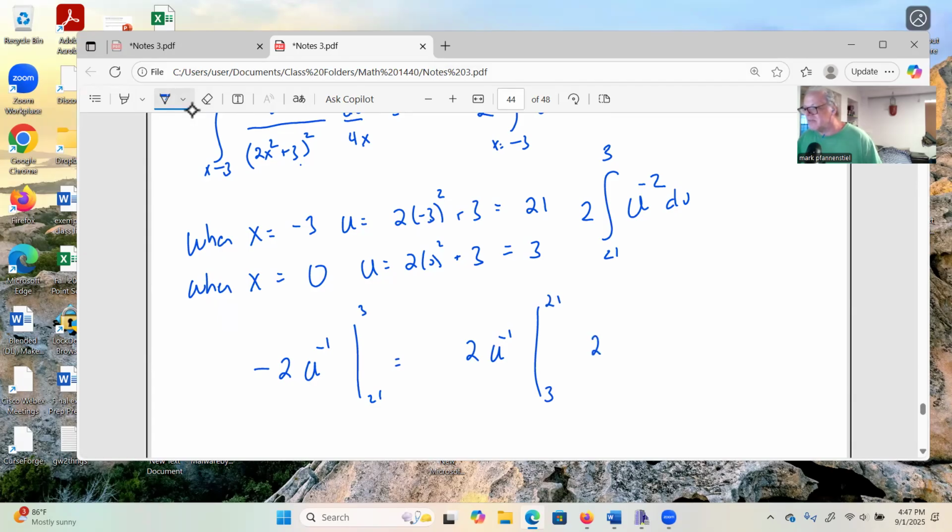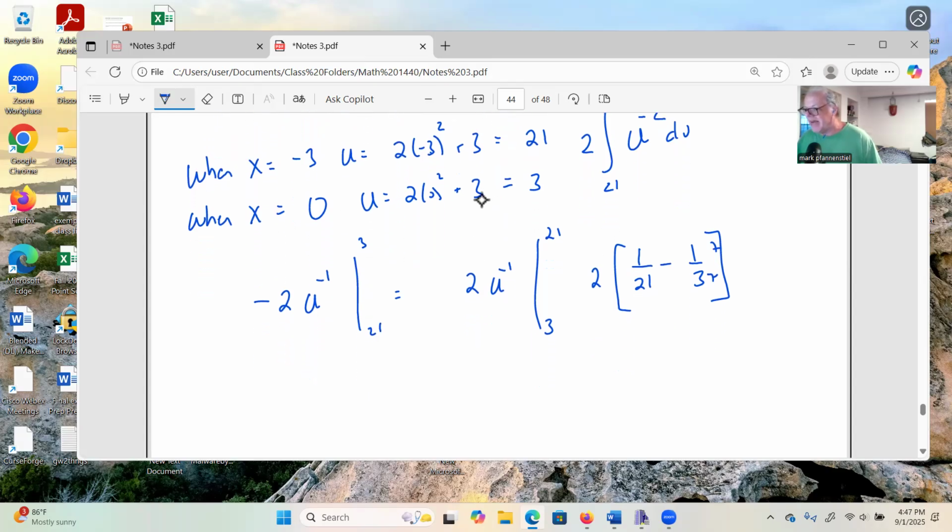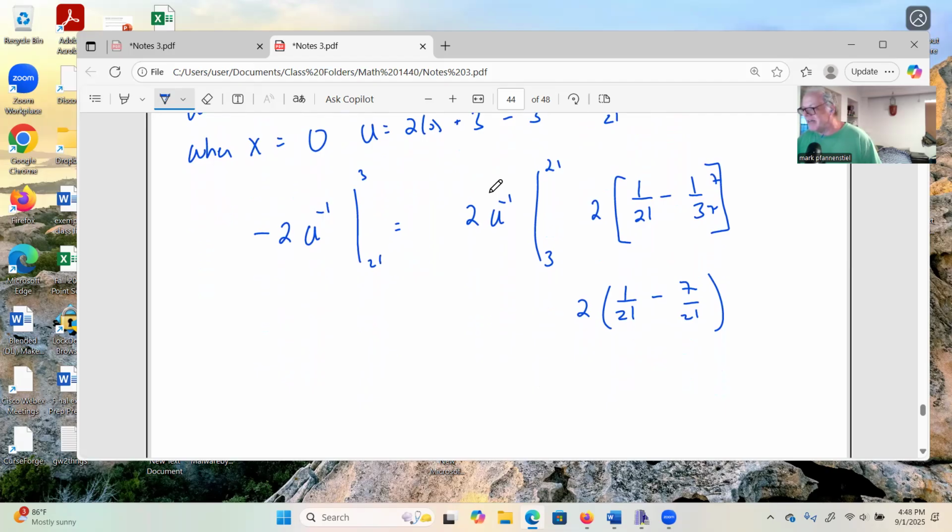Okay, so this is going to be 2, and then I've got 1 over 21 minus 1 over 3. Okay, so we'll see what happens there. Let's go ahead and get common denominators. We have 7 over 7. So we have 2 times 1 over 21 minus 7 over 21. 1 minus 7 is going to be -6.